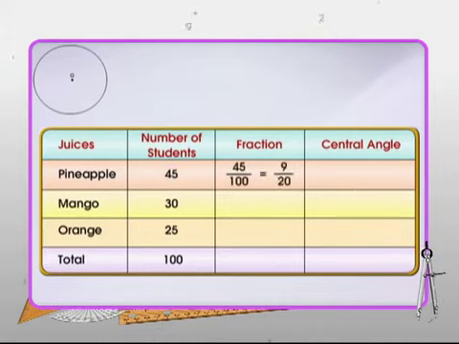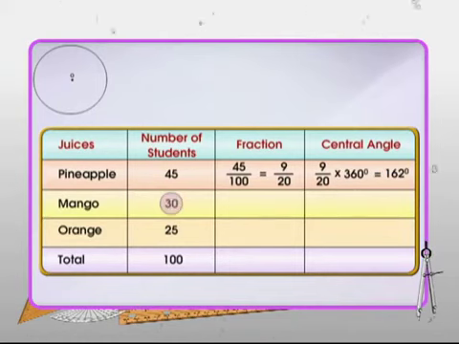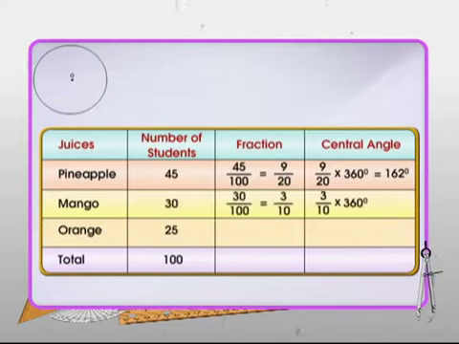So the fraction corresponding to pineapple is 9/20. Thus the central angle corresponding to the sector for pineapple is 9/20 into 360 degrees. That is 162 degrees. Similarly, find the central angles for other categories.